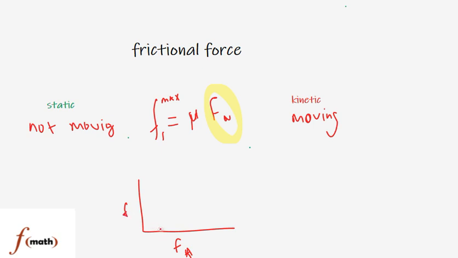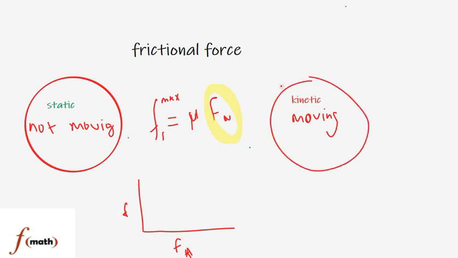Whenever you're pulling an object, the object doesn't just simply move. Maybe you don't notice that, but for heavy objects, let me say you're pushing a car, it sometimes doesn't move instantly as you're pushing it. So first, static frictional force applies before kinetic frictional force. Simple as that. First, you're applying a force on a car, you're fighting against static frictional force.